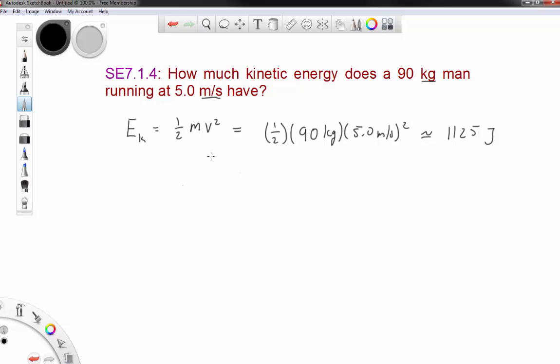And we should probably round it off to 2 significant figures. So the actual kinetic energy, when keeping track of significant figures, becomes 1,100 joules. Okay, so let's look at the next example then.